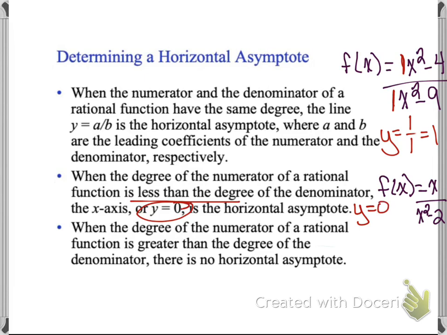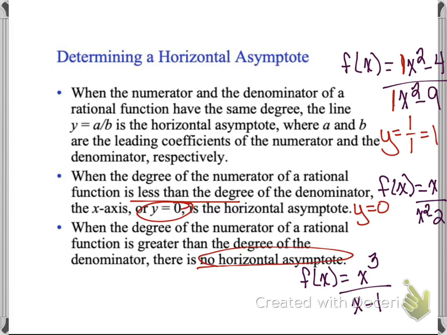Now, when the degree of the numerator of a rational function is greater than the degree of the denominator, there is no horizontal asymptote. So if I had x to the third over x minus 1, there would be no horizontal asymptote.